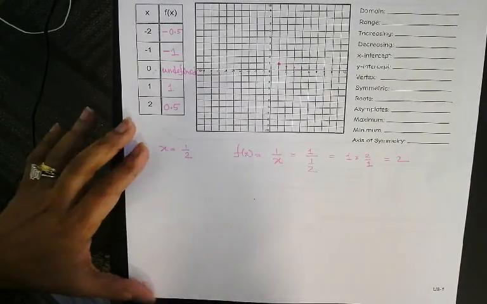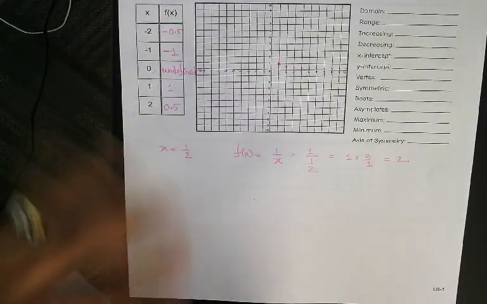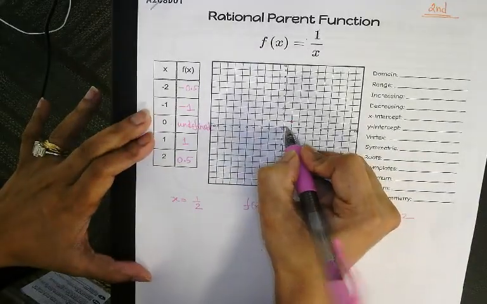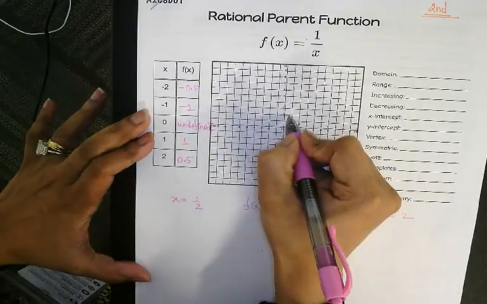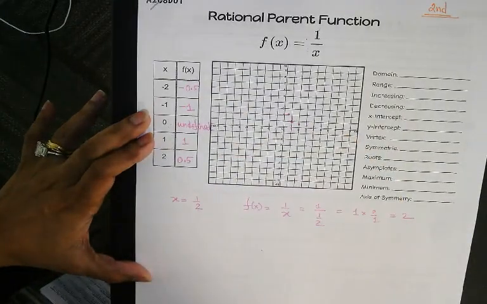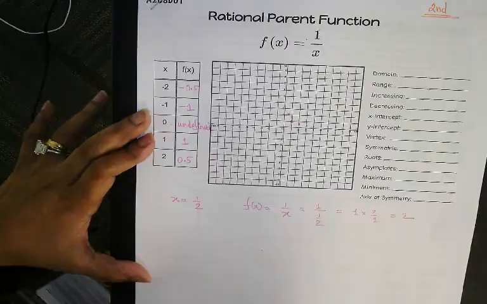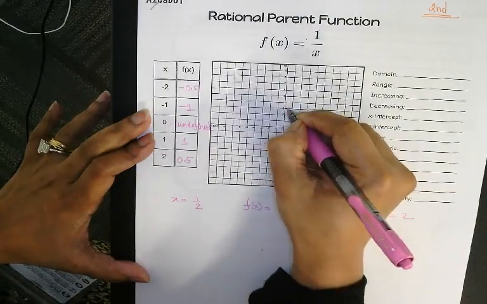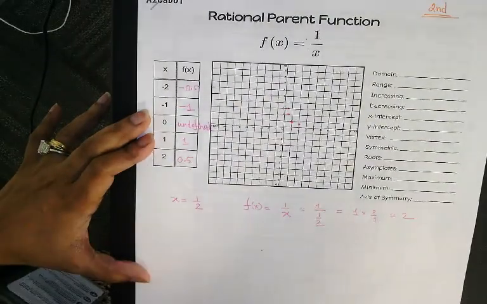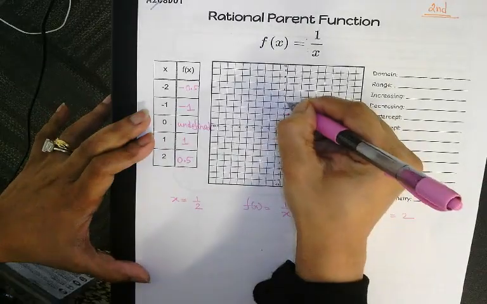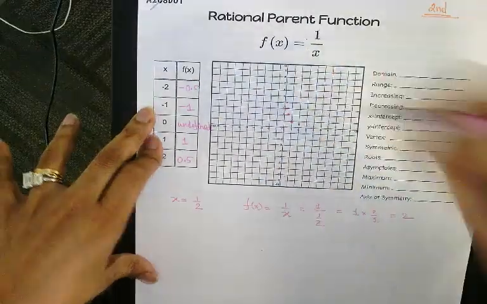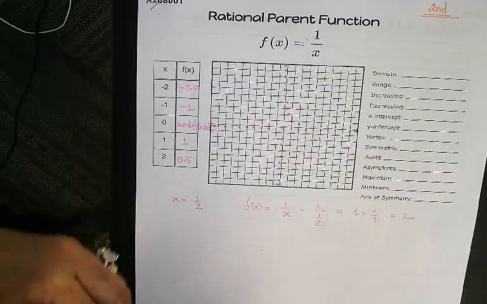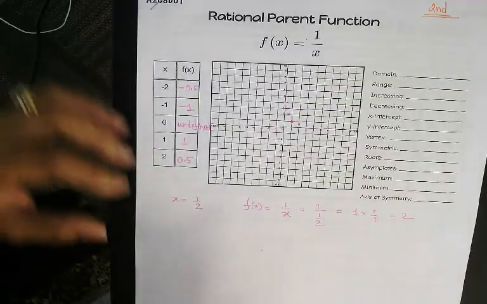So the smaller the value you plug in, the bigger the y value you get. If I plug in 1/2, it gives me 2. If I plug in 1/3, it gives me 3. If I plug in 1/4, it gives me 4. So every time I plug in a smaller value, it gives me a bigger y value.